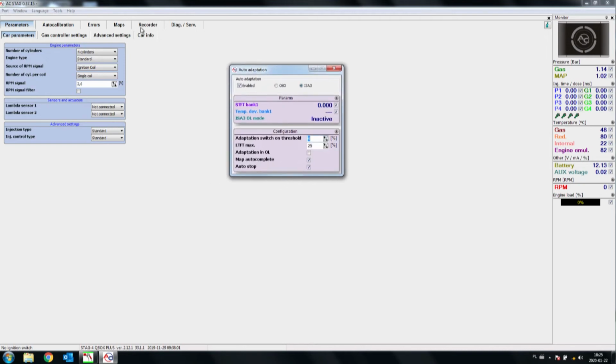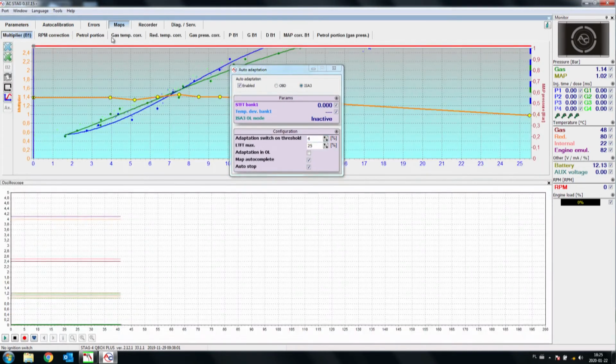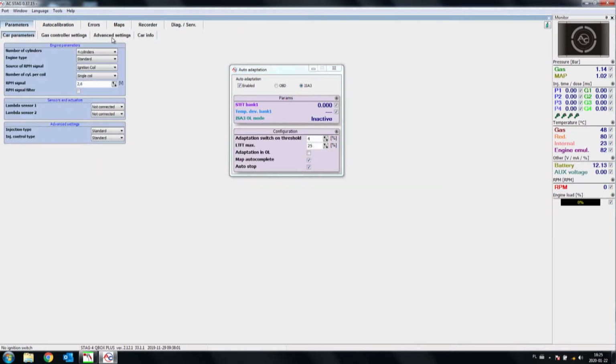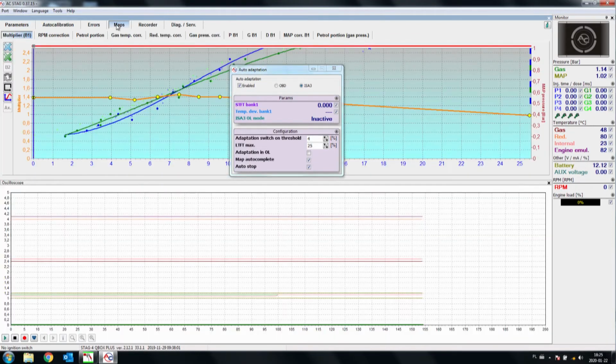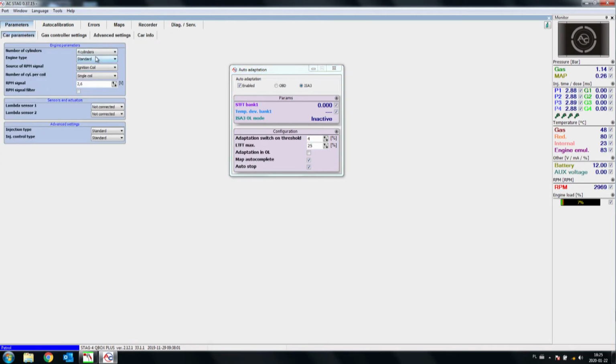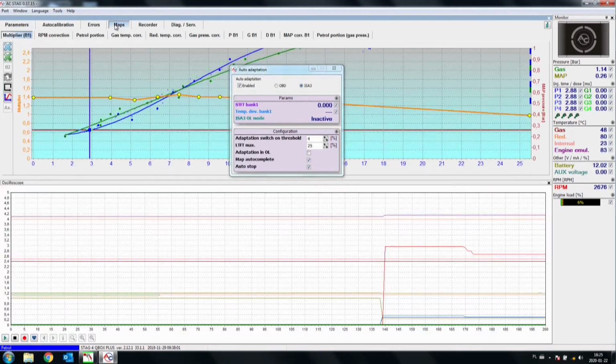Okay, Maciek is connecting the system. Yeah, we have some information. Let's say we can see that there are some maps gathered, some settings. Okay, let's go to the map.